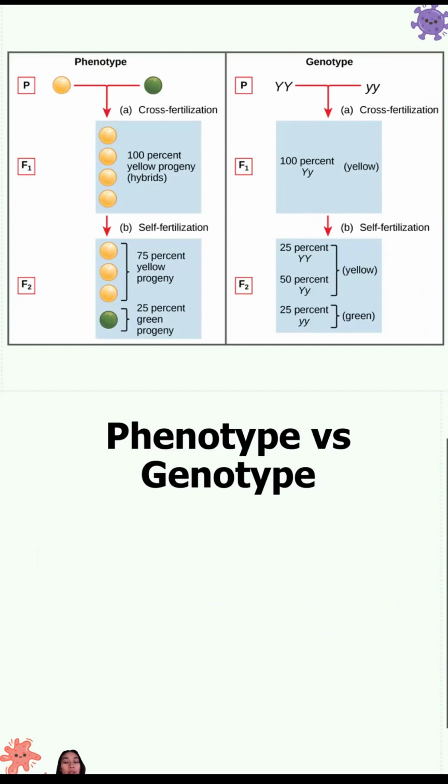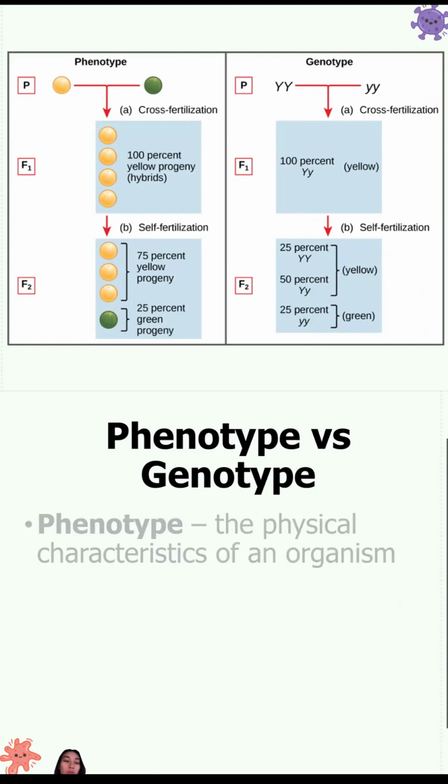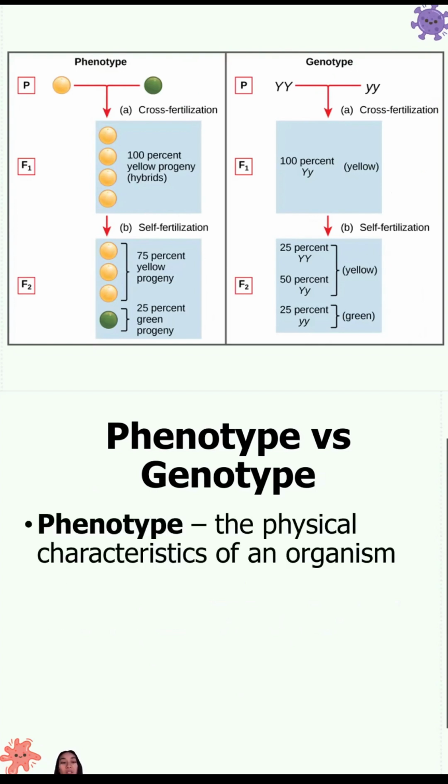Another vocab word that I want to cover in this video is the concept of the phenotype versus genotype. Phenotype is the physical characteristics of an organism. The way I remember it is pH for physical: phenotype, physical. These are the things that you can see. So what Mendel was studying were the phenotypes.